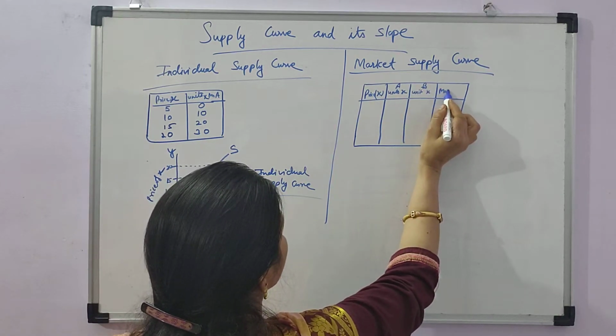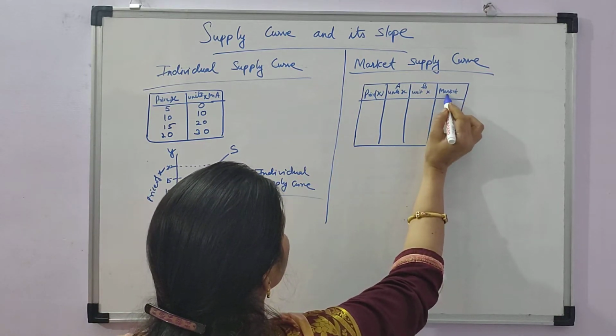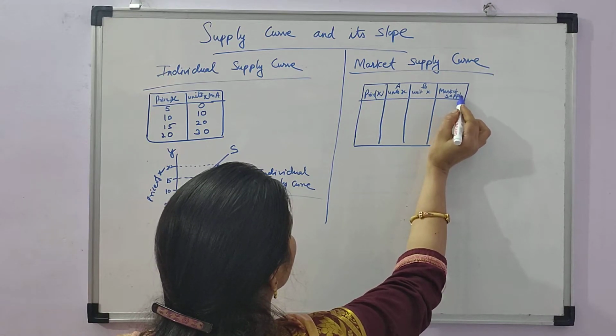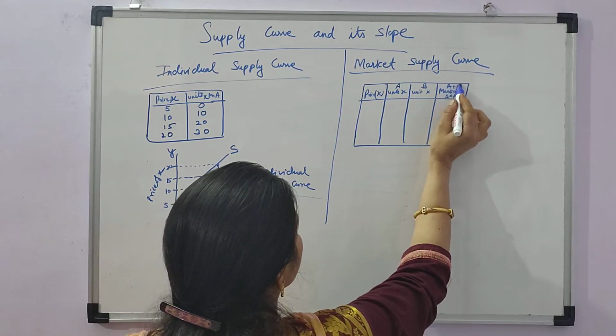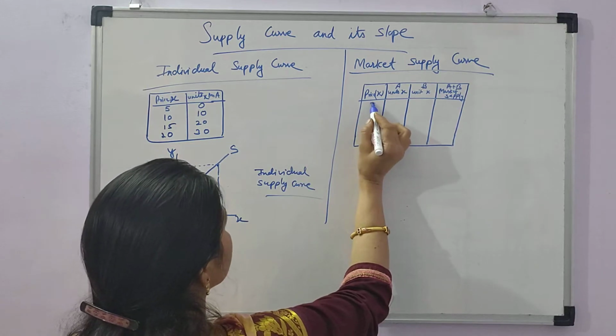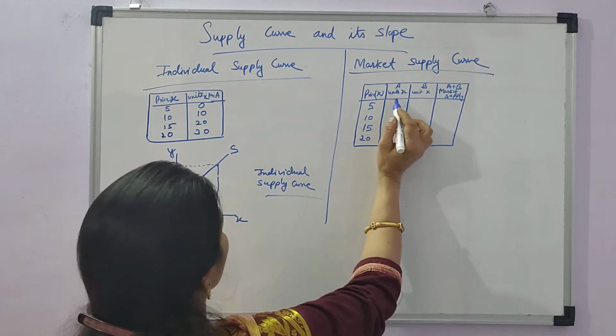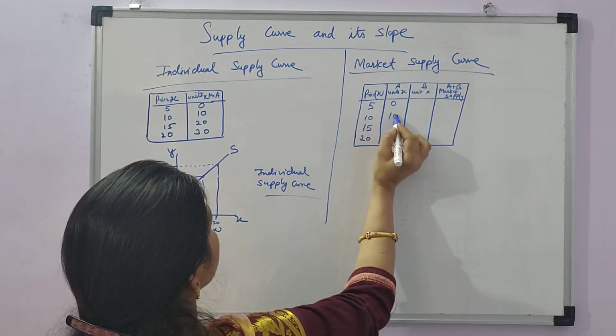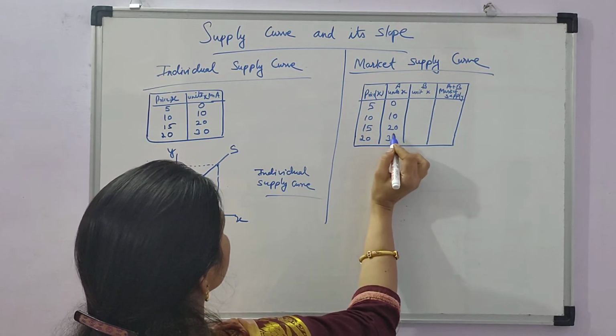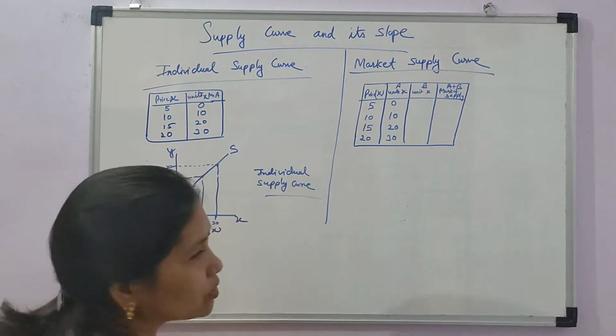And this is market supply. Market supply means when we add the supply of both producers, A plus B, you will get market supply. Suppose the price is 5, 10, 15 and 20, and the supply of A producer is 0, 10, 20 and 30.